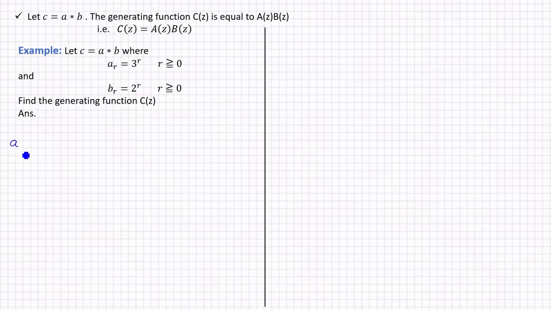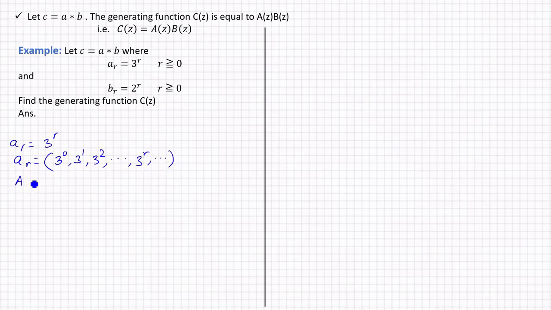So a_r is equal to 3 to the power r, which can be written as the list 3 to the power 0, 3 to the power 1, 3 to the power 2, and so on, 3 to the power r, and so on.